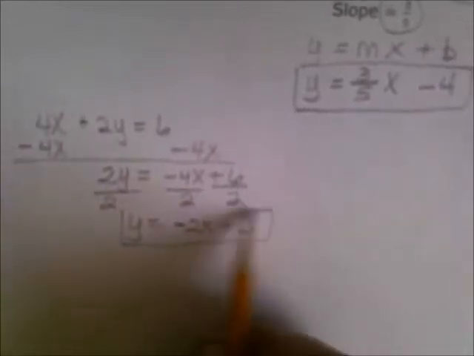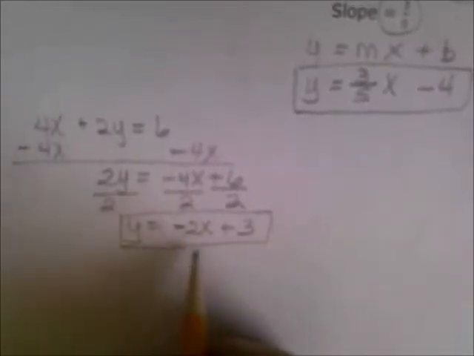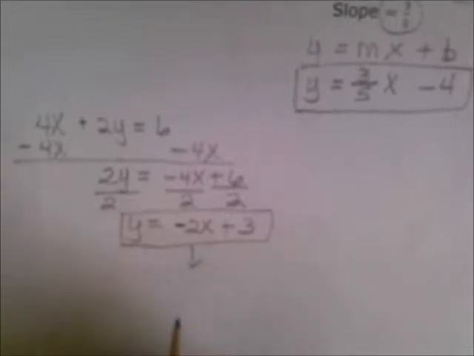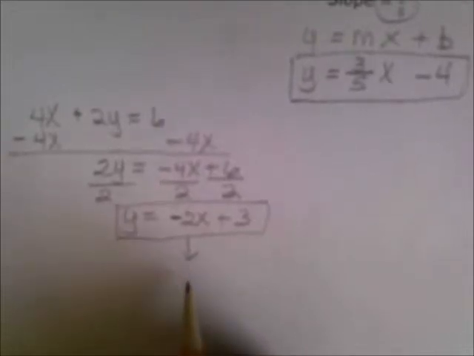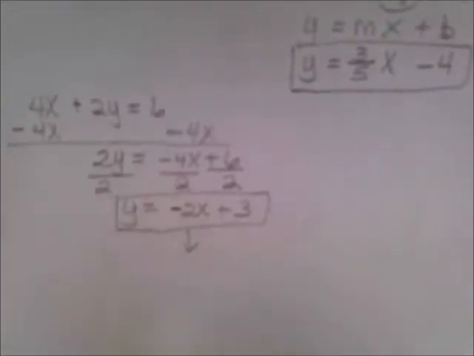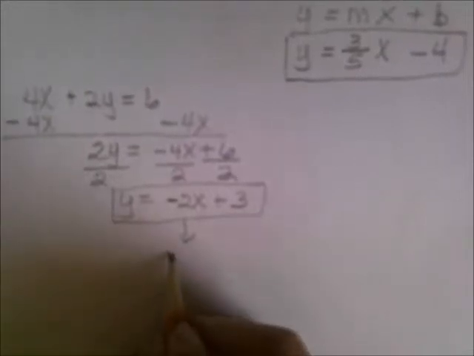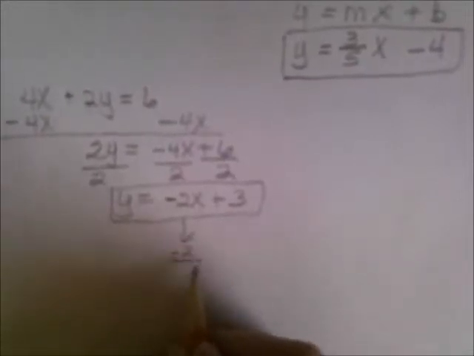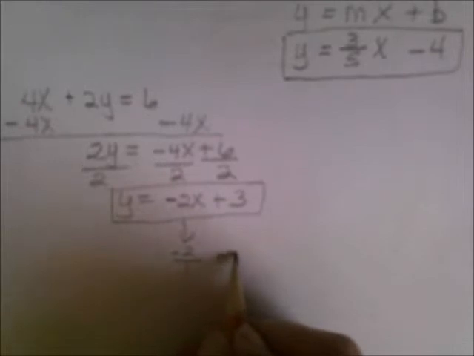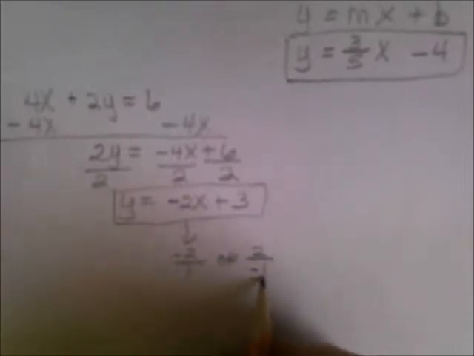So if we want to graph that, we just have to remember what our slope is. If we've got -2 for our slope, then we can have either a negative 2 over 1 or a positive 2 over a negative 1, because remember, it's rise over run.